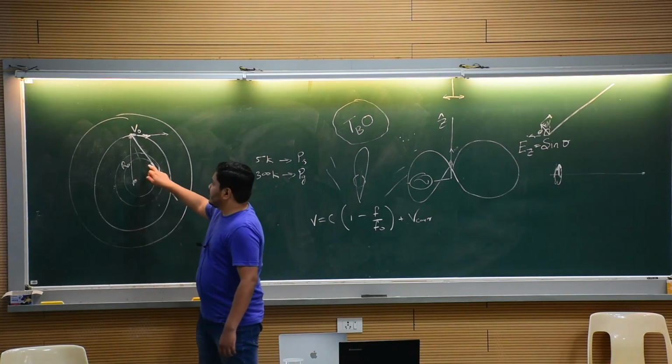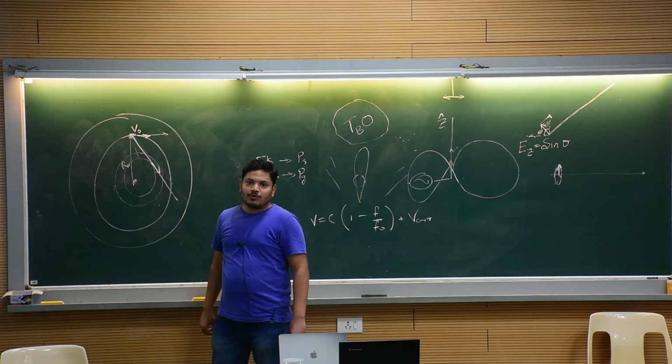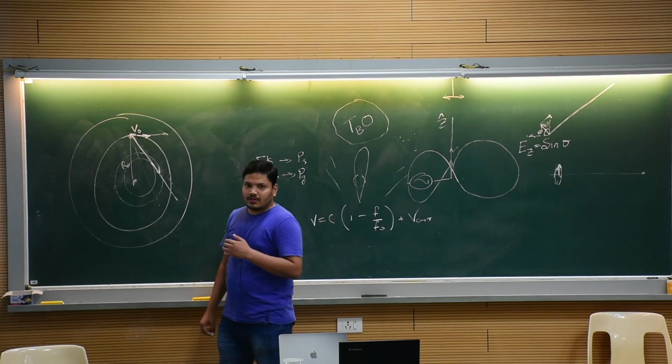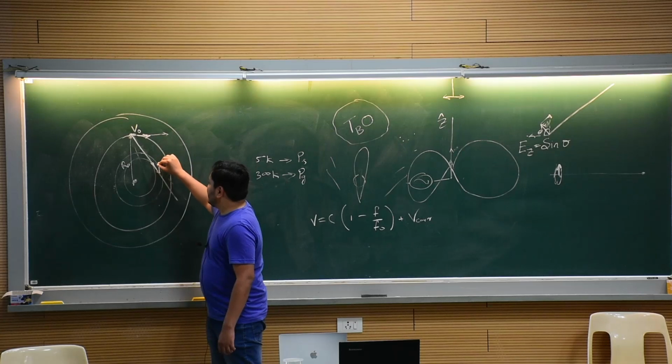So this point corresponds to the most redshifted point on the plot. So you choose the point carefully in the plot which is most redshifted.